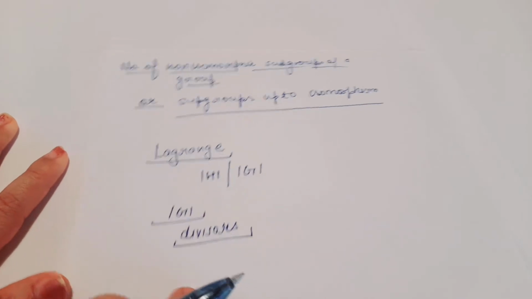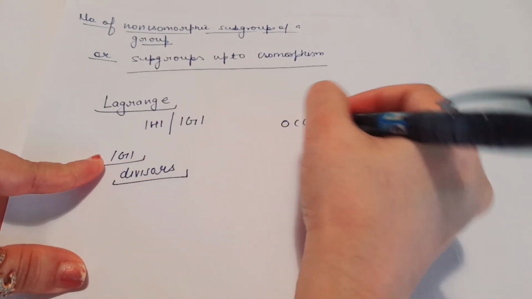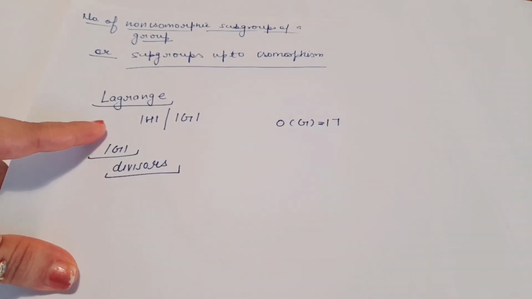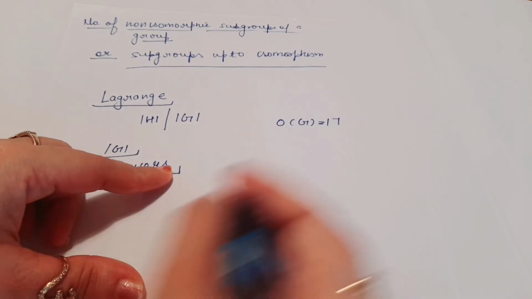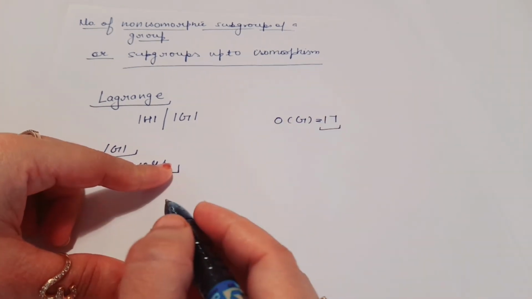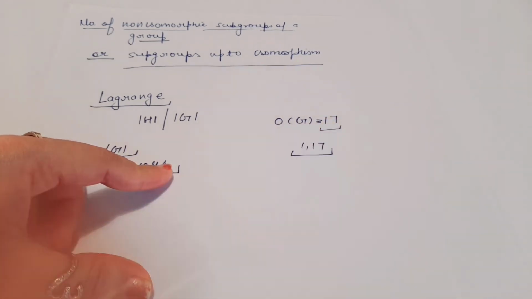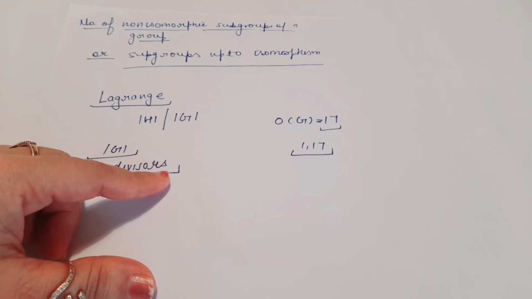If we know the order of the group, we find its divisors, and we can have subgroups only of those orders. Suppose the order of the group is 17, and the question is to find the number of non-isomorphic subgroups of a group of order 17. You know 17 is a prime number and it has only two divisors, 1 and 17. That means it has only two non-isomorphic subgroups.